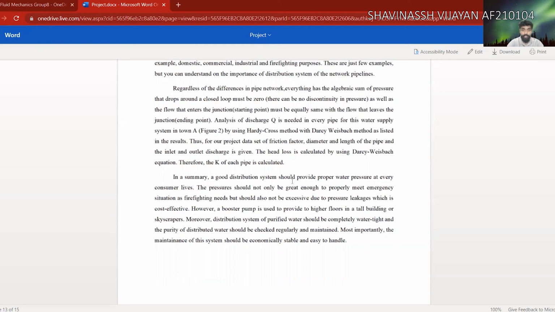However, a booster pump is used to provide water to higher floors in tall buildings or skyscrapers. Moreover, the distribution system of purified water should be completely watertight, and the purity of distributed water should be checked regularly and maintained. Most importantly, the maintenance of the system should be economically stable and easy to handle.